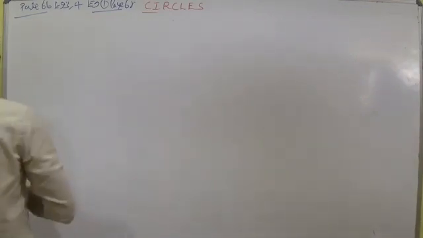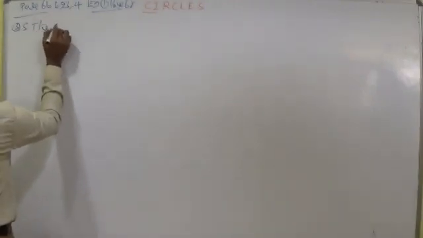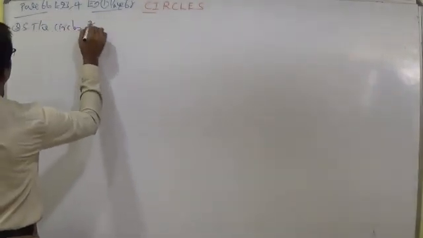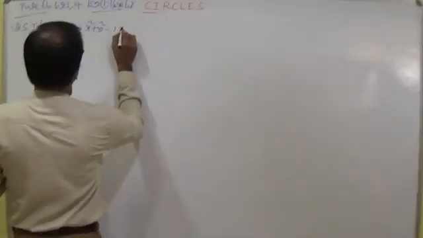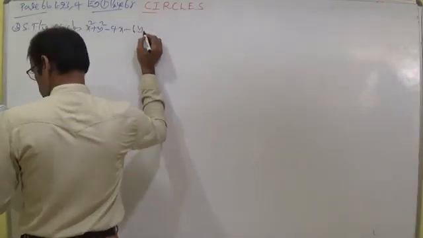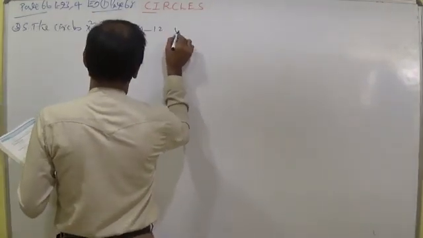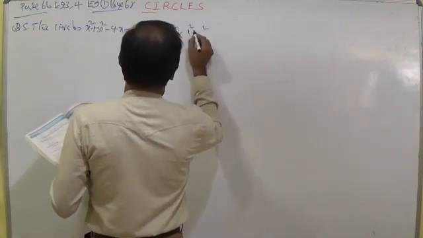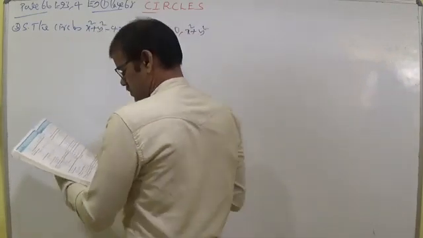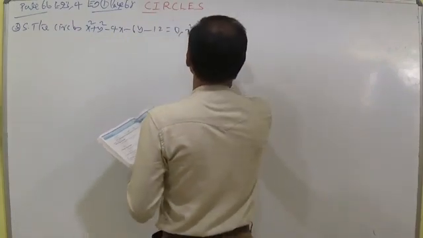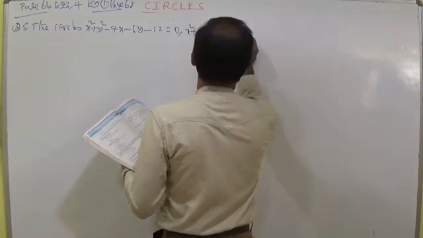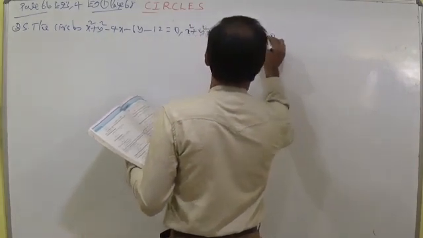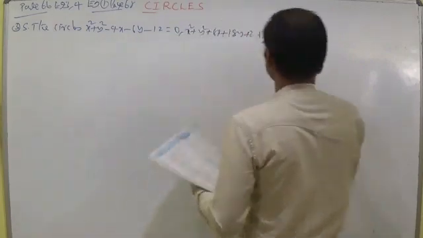Show that the circles x square plus y square minus 4x minus 6y minus 12 equal to 0, comma, x square plus y square plus 6x plus 18y plus 26 equal to 0, touch each other.